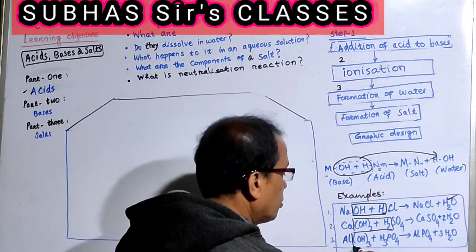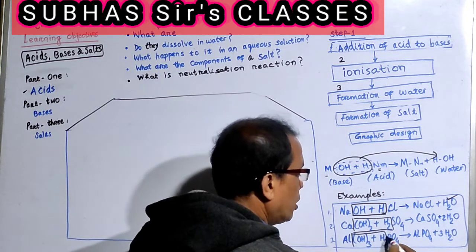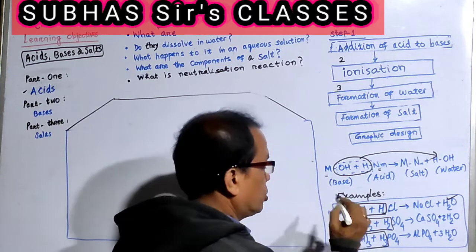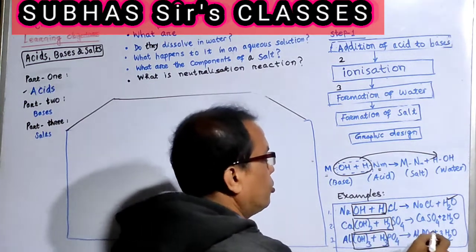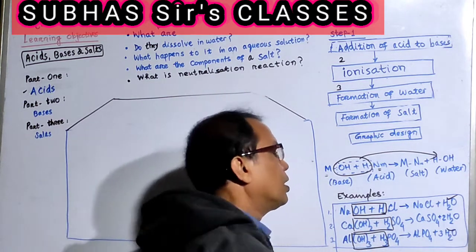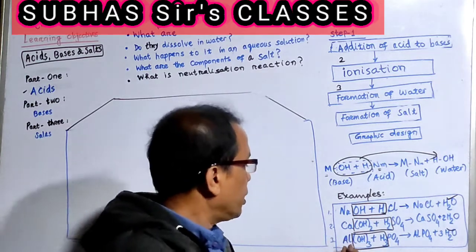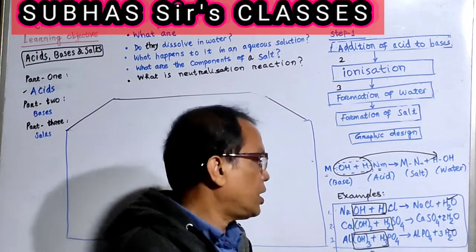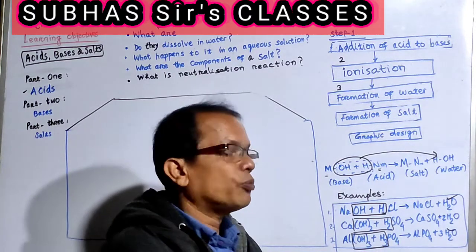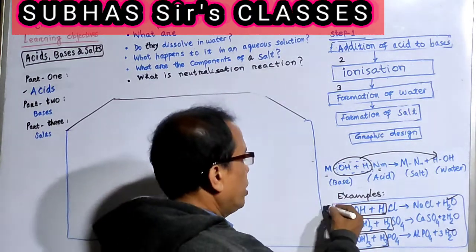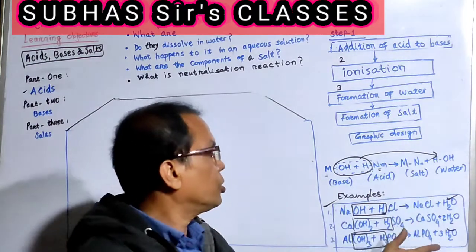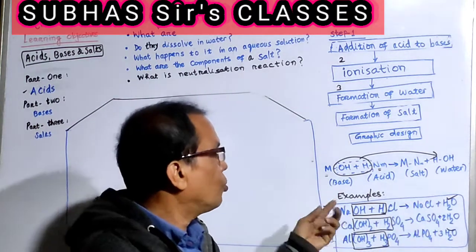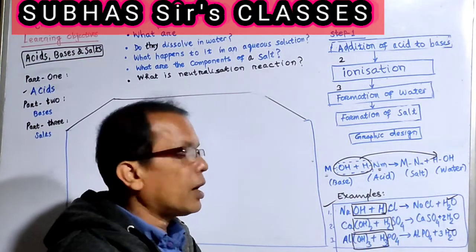The 3 ions of hydroxyl and 3 ions of H+ hydrogen ions combine to form 3 water molecules, and the remaining aluminum ion, which is positive, and phosphate ion, which is negative, combine to form aluminum phosphate. This way we find formation of salt or neutralization reactions when bases and acids are added.